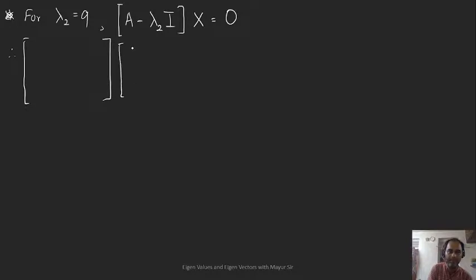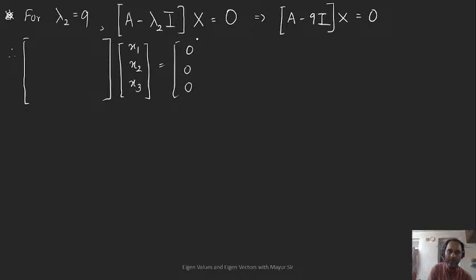Subtract 9. What does this mean? This means that A minus 9I into capital X is O. So you subtract 9 from the diagonal entry.